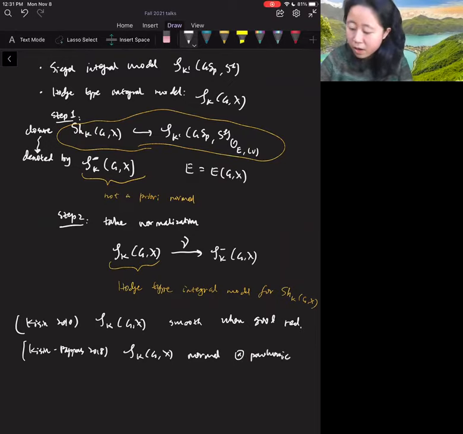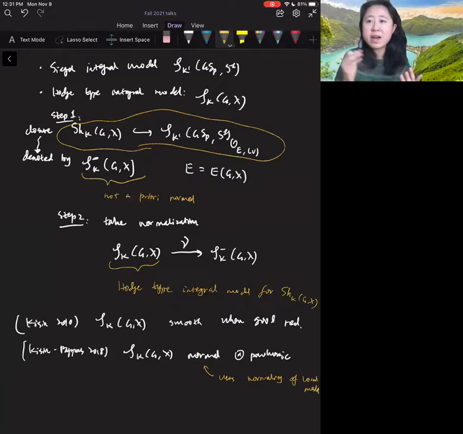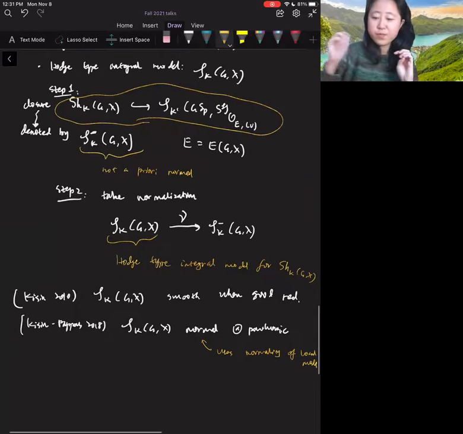And the normality, let me just briefly mention this. The proof uses the normality of local models of Shimura varieties, which have something to do with the normality of certain Schubert cells.